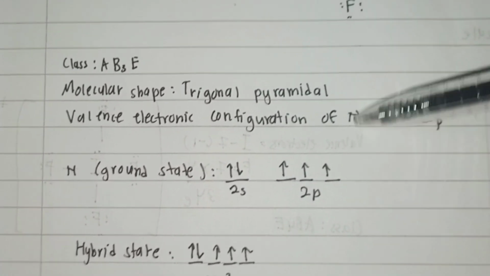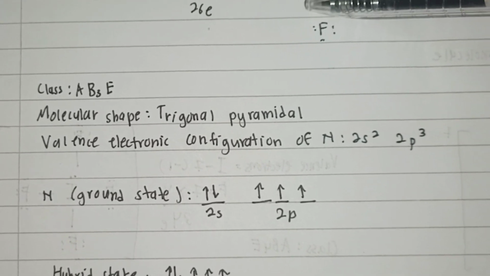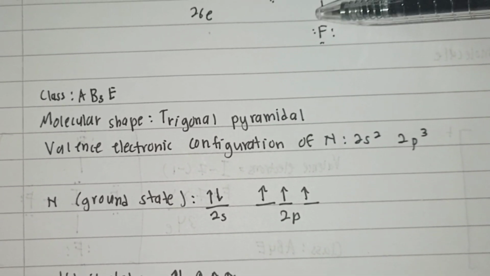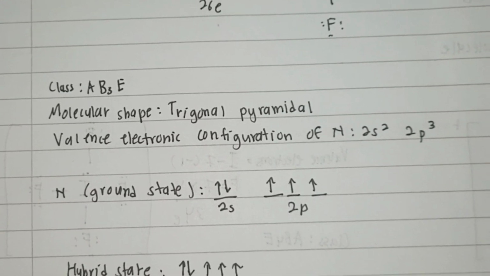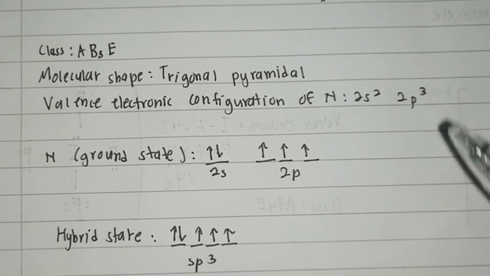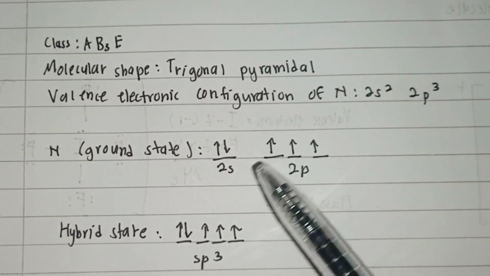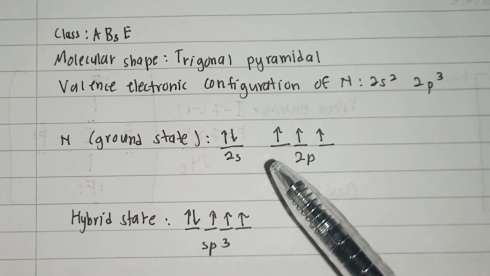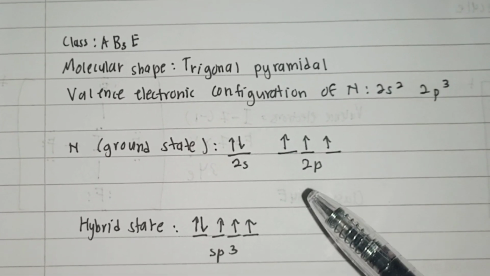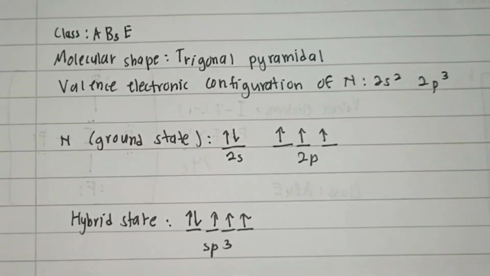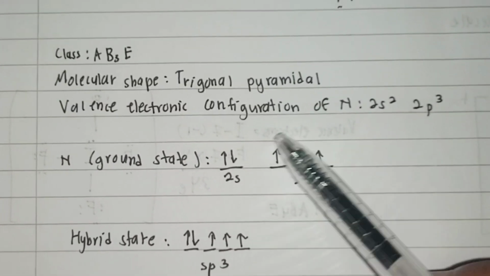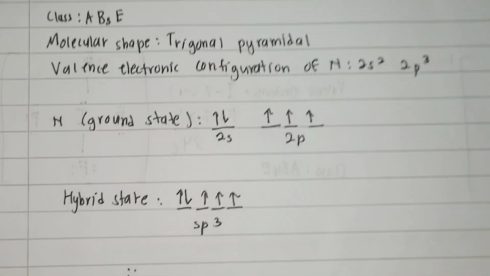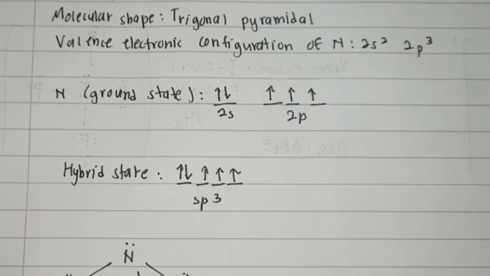When we look at this, we need to find 3 unpaired electrons because we want to form 3 sigma bonds here. When we look at the ground state of the N atom, it already has 3 unpaired electrons, so we do not need to promote it to an excited state. It has enough unpaired electrons to form 3 sigma bonds with the fluorine atoms, so we can just keep it to the hybrid state.